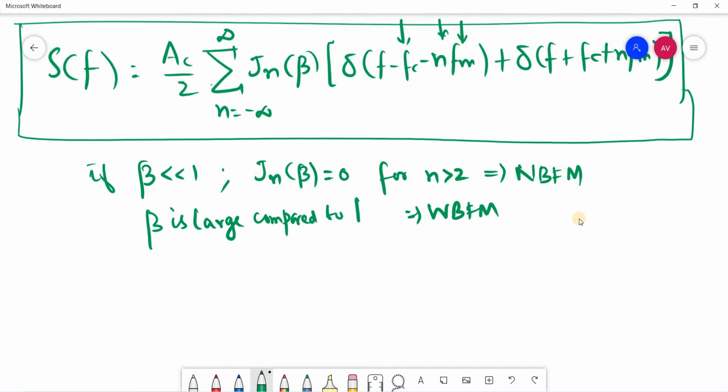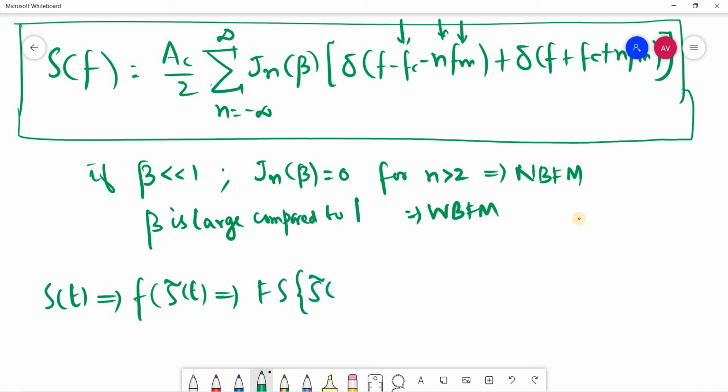Before that, I'll have a quick recap. So the route is, initially we wrote the expression for s of t, then we wrote s of t as a function of s tilde of t. Then we found the Fourier series expansion of s tilde of t.